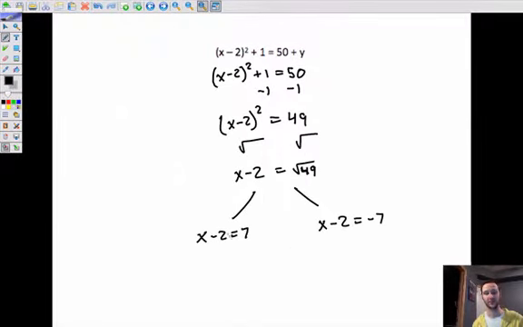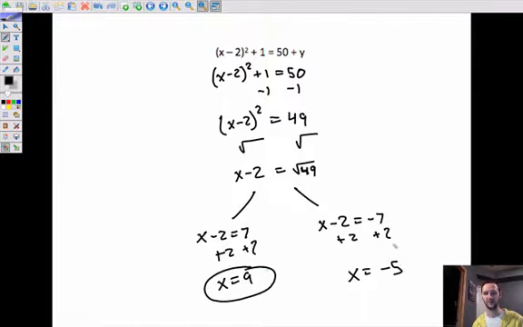Same thing here. There's a positive and there's a negative. So you split it up into these two cases. Then you can go ahead and add 2 to both sides. Here you get x equals 9. Here you get x equals negative 5. And those are your two answers.